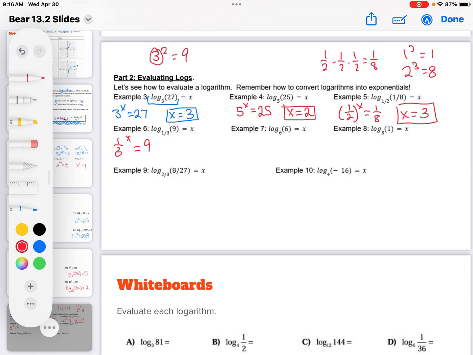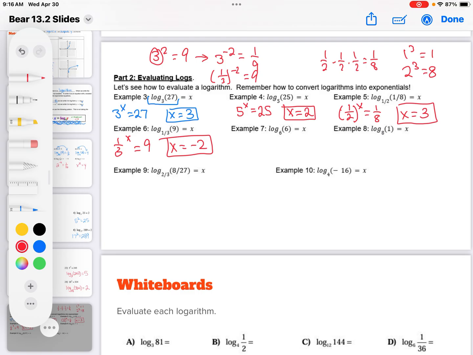Well, I can do that if I make this 3 to the -2, that would give me 1/9. So if I have 1/3 to the -2, I would get 9. So x equals -2 here. When you have a negative exponent, you just do the reciprocal of your base and then have the positive exponent.